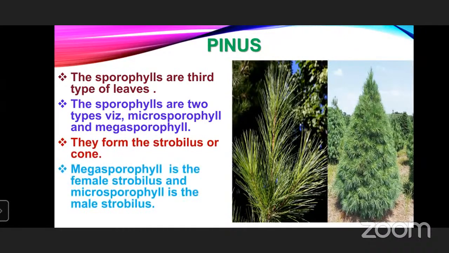These microspores as well as microsporophylls aggregate to form the male cone. Megasporophylls aggregate to form the female cone. They form the strobilus or cone. The megasporophyll is the female strobilus and the microsporophyll is the male strobilus.